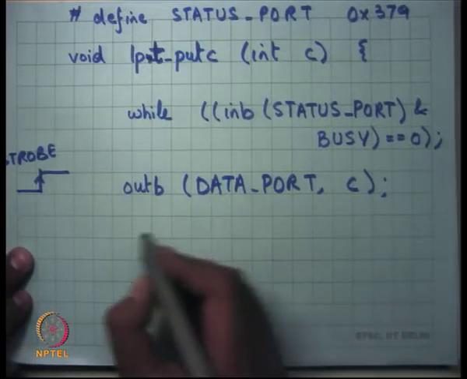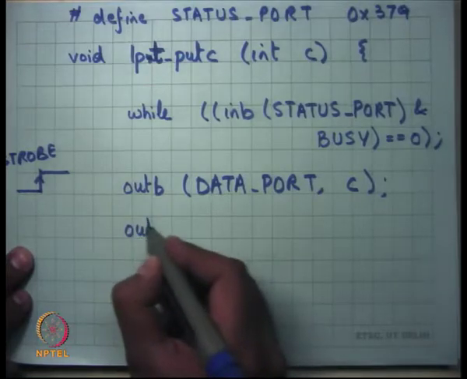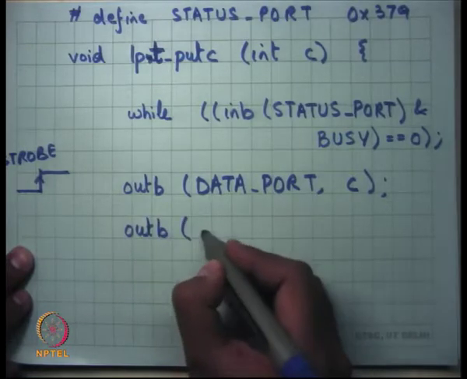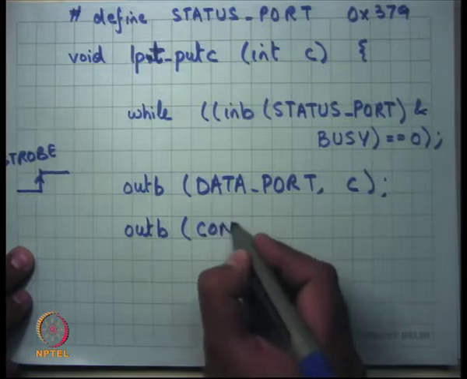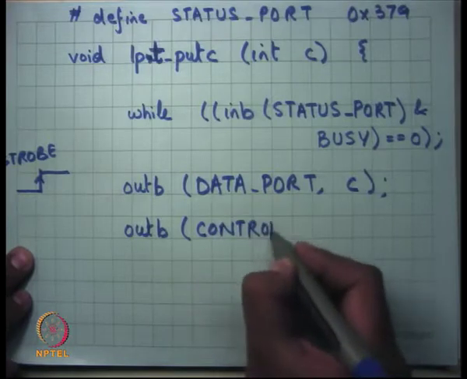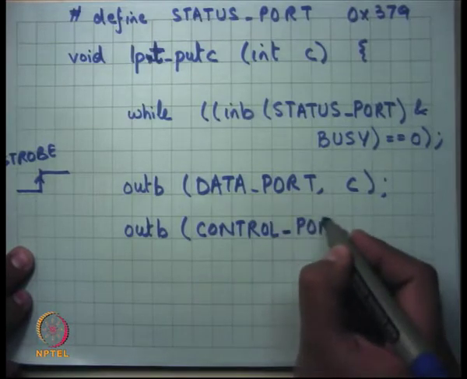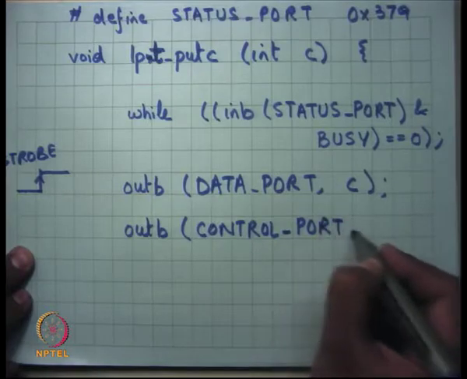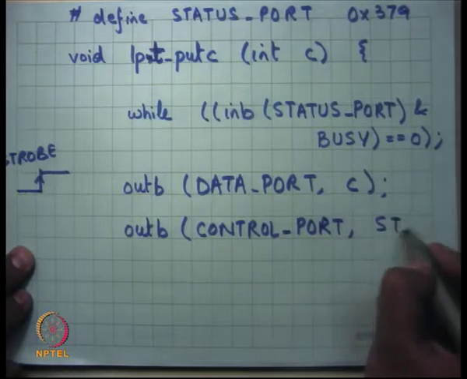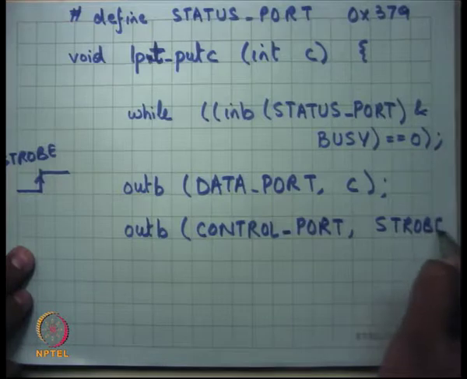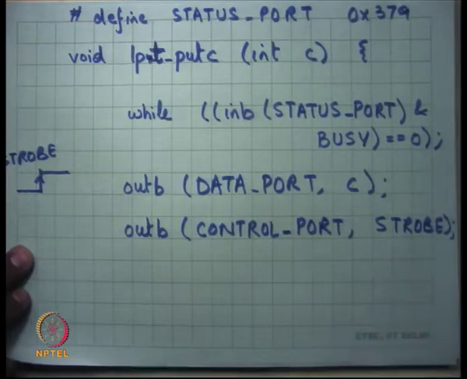So let us say I do that by putting, so there is a control port, let us say, and the value of strobe was 1.